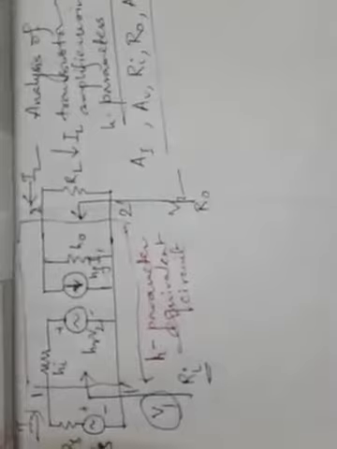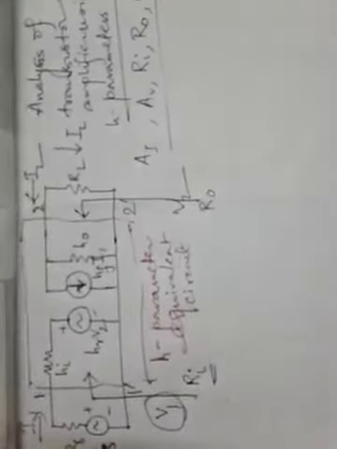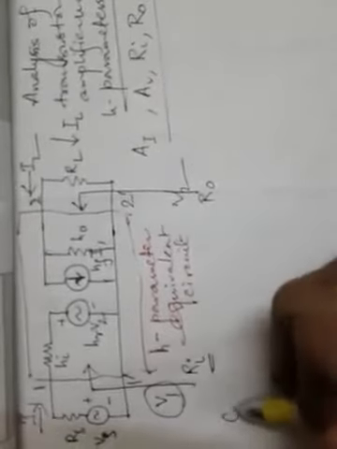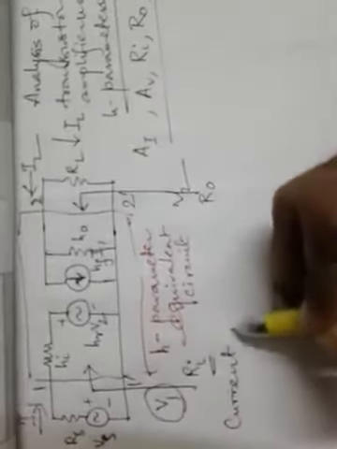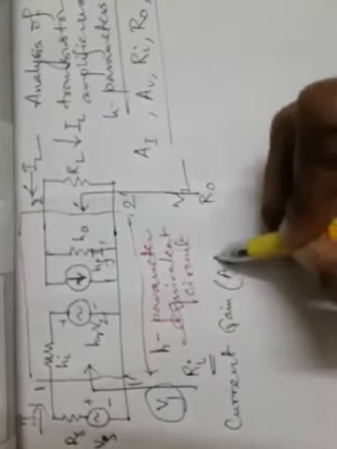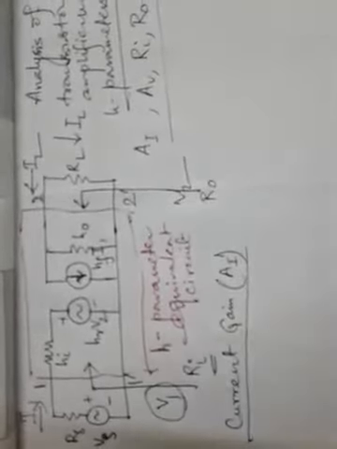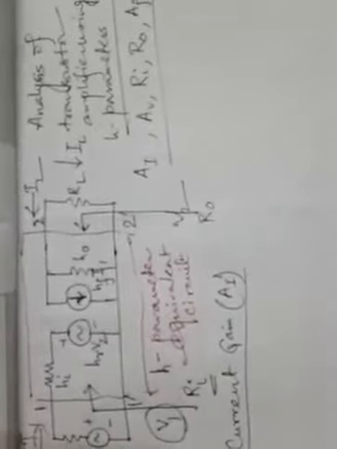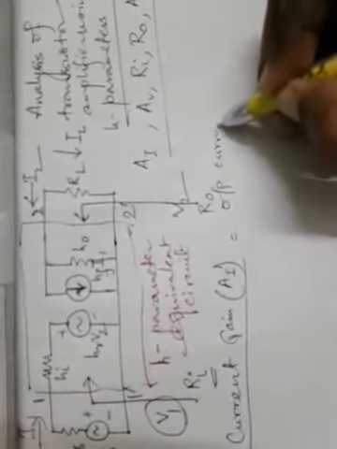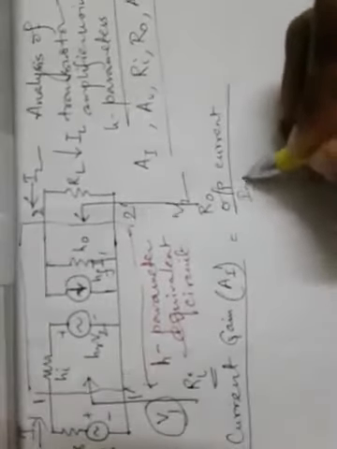So let us first start. This is all about the whole circuit. Using this circuit, we will first try to derive the expression for current gain, denoted by AI. Current gain or current amplification is defined as the ratio of output current to the input current.